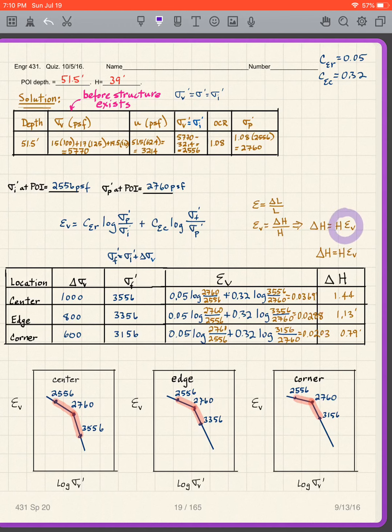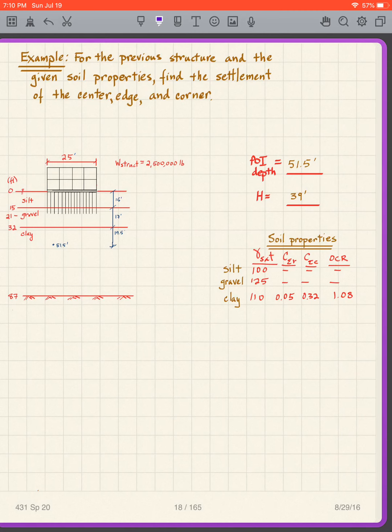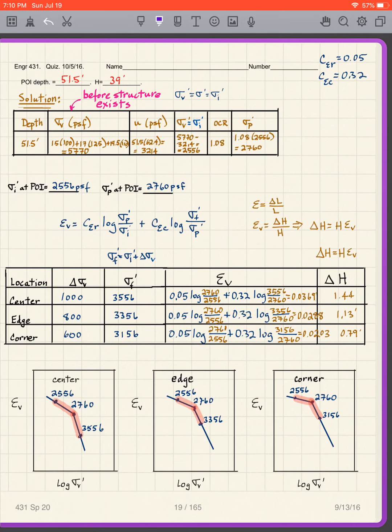H we did previously, and so let's see, what was our h? Our h was 39 feet. So we multiply that out. These are my delta h's.